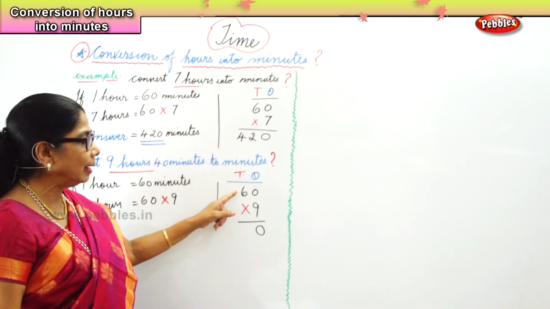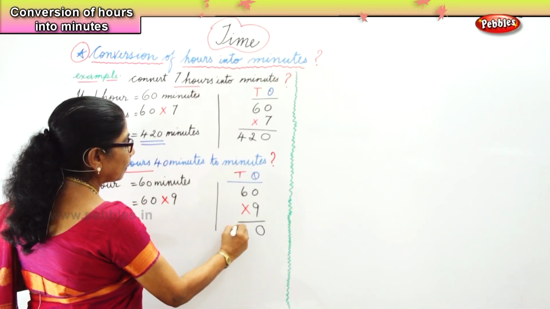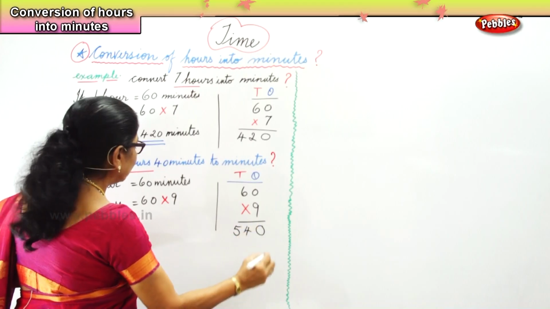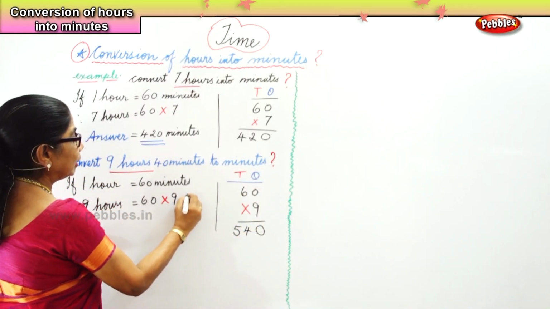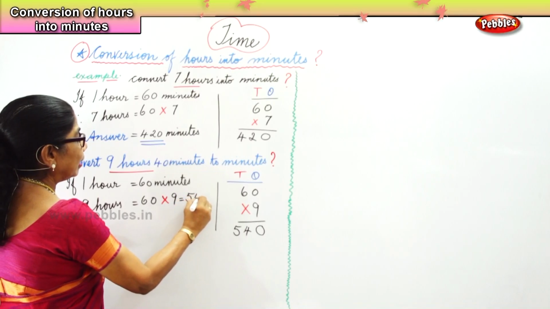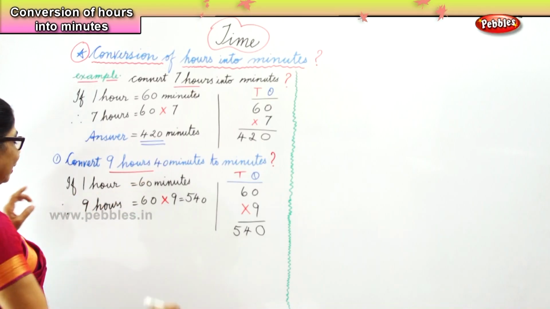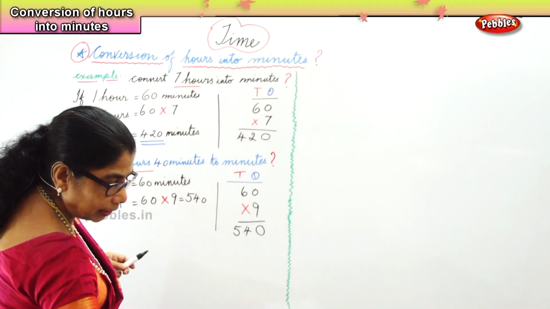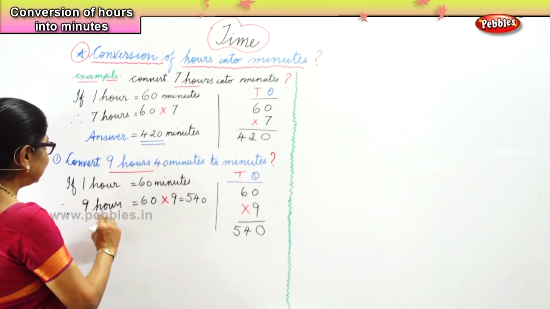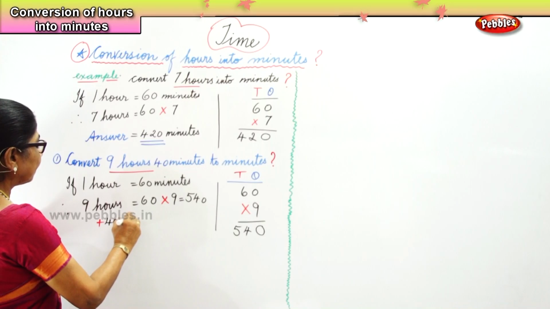So 60 into 9 gives you 540 minutes. But you have also 40 minutes to add. Now, you will add plus 40 minutes.